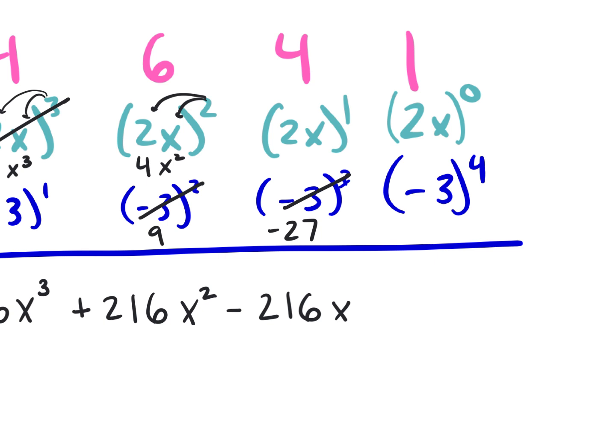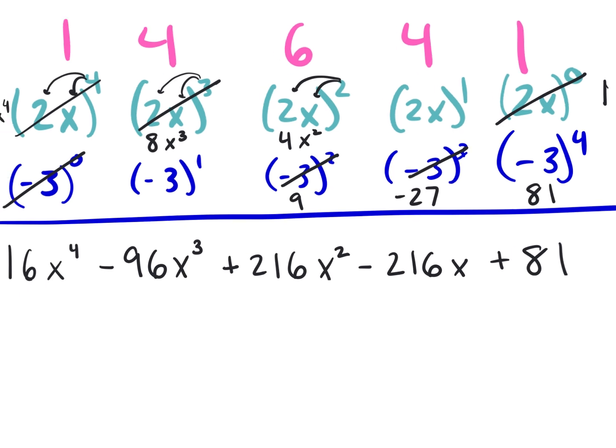Now let's move on to our last column. What's 2x to the power of 0? 1. So this would just be 1. And -3 to the 4th power? 81, awesome. So 1 times 1 times 81 is positive 81. So this would be our answer.